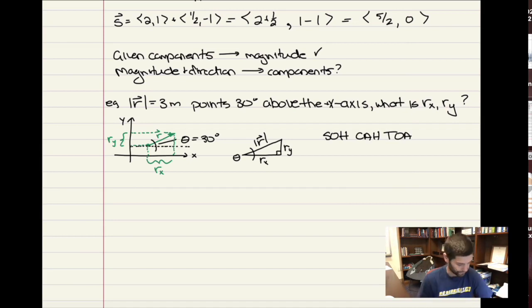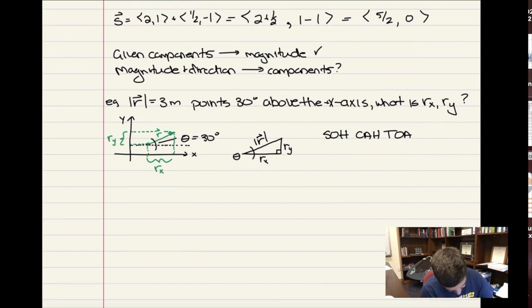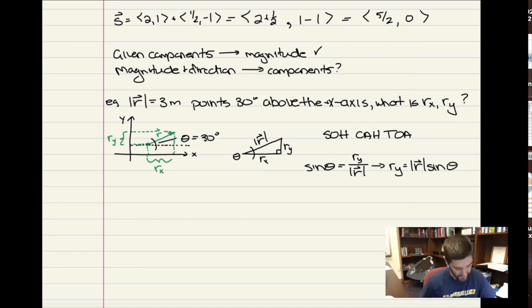SOHCAHTOA to the rescue. So in this case, for example, the sine of this angle is equal to the opposite side of the triangle divided by the hypotenuse, which in this case is the y component over the length of the vector. So through algebra, r sub y is the hypotenuse, or the length of the vector, times the sine of that particular angle.